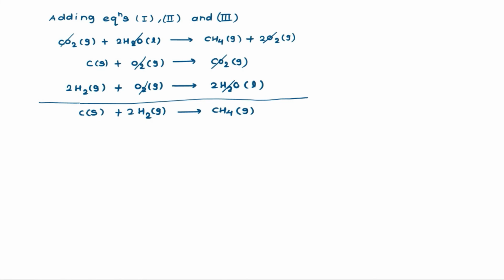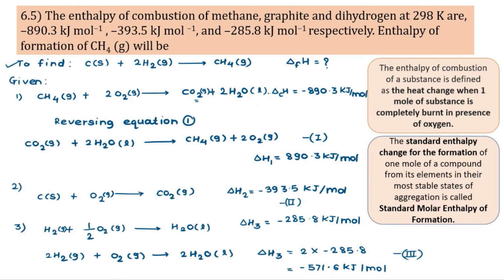So in this case, the change in enthalpy delta H is nothing but the addition of all these three terms, delta H1 plus delta H2 plus delta H3. So what is the value of delta H1? Delta H1 is 890.3 kilojoule per mole. Then delta H2 is minus 393.5 kilojoule per mole.